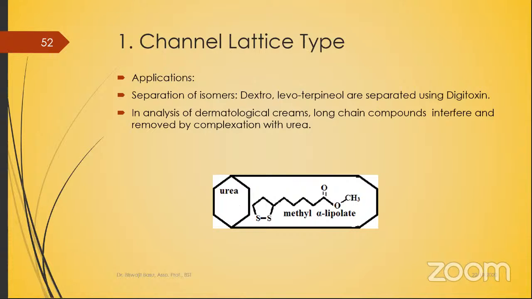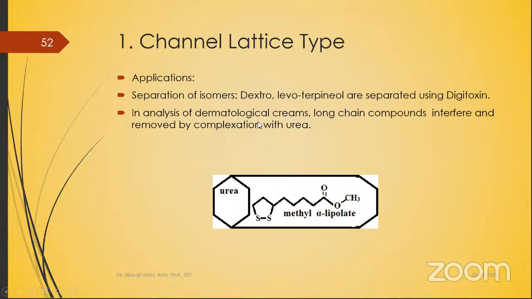Sir, host. Host, and the guest is methyl alpha lipolate. Okay, so here it is the channel type complex between urea and methyl alpha lipolate, where methyl alpha lipolate is the guest and urea is the host. Methyl alpha lipolate will easily accommodate in the hexagonal structure of urea.